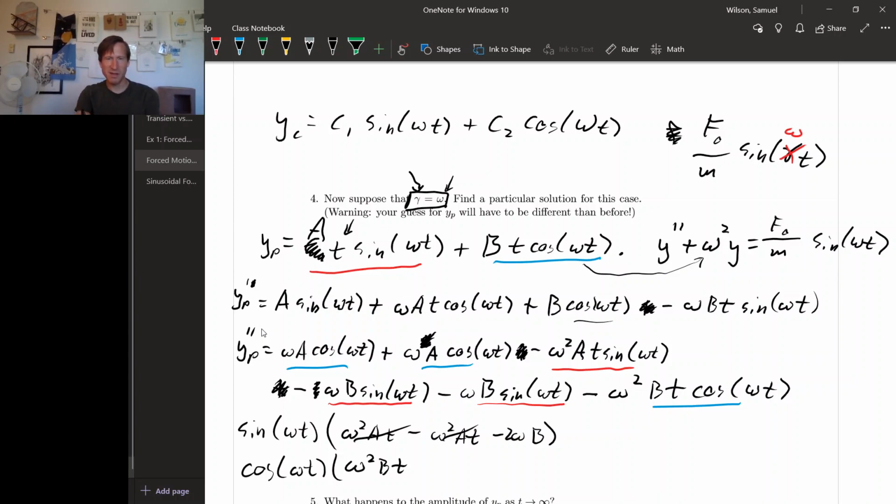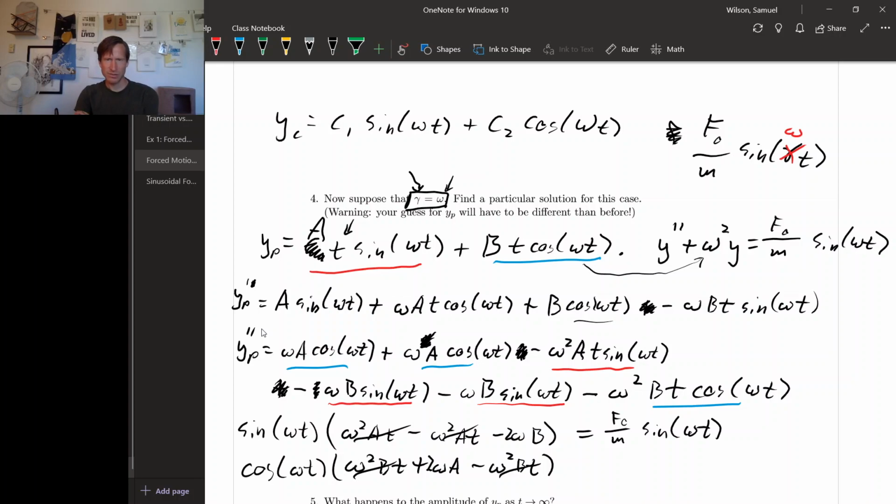Then from y double prime sub p, we have plus omega a. That's from this first one. From the second one, we have another omega a, so times 2. And then from the third one, minus omega squared bt. And that cancels the plus omega squared bt over here. That's good. And this is all equal to f sub 0 over m times sine omega t.